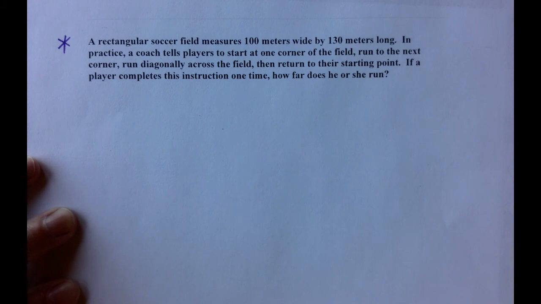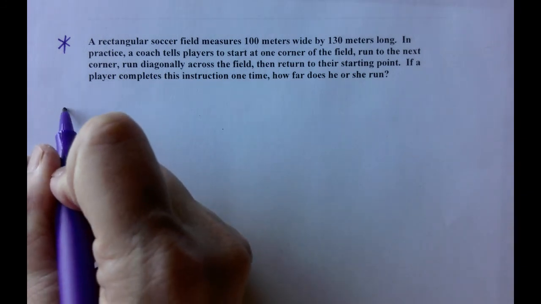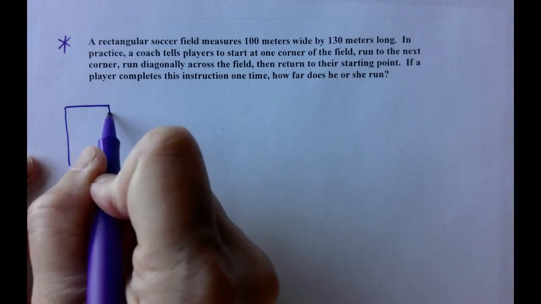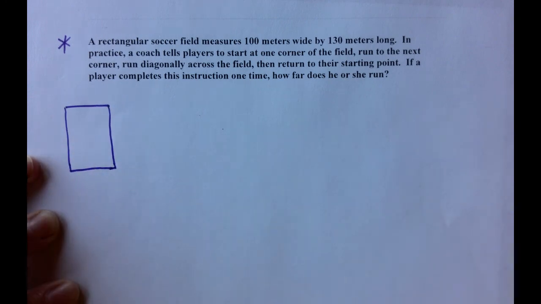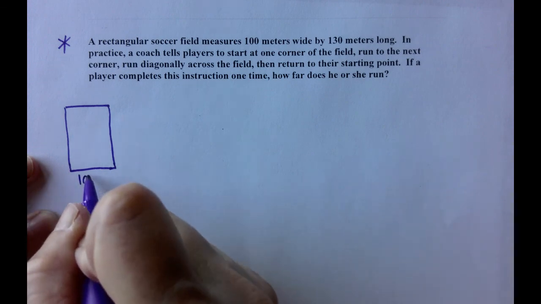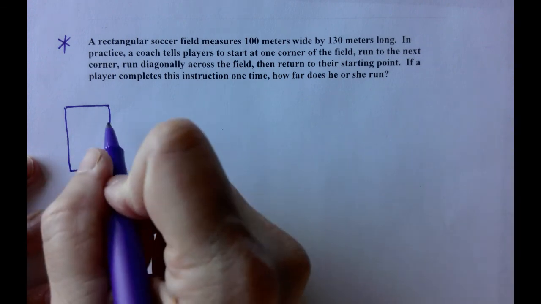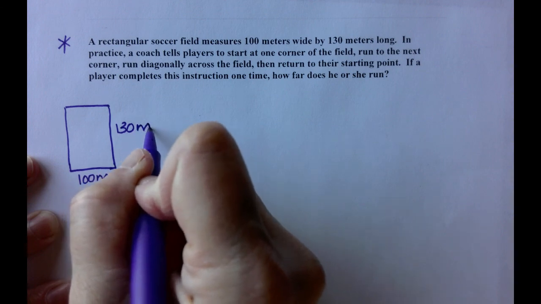Let's draw a picture to get organized. We know that we have a rectangular soccer field. Here's a rectangle, and it is 100 meters wide by 130 meters long.